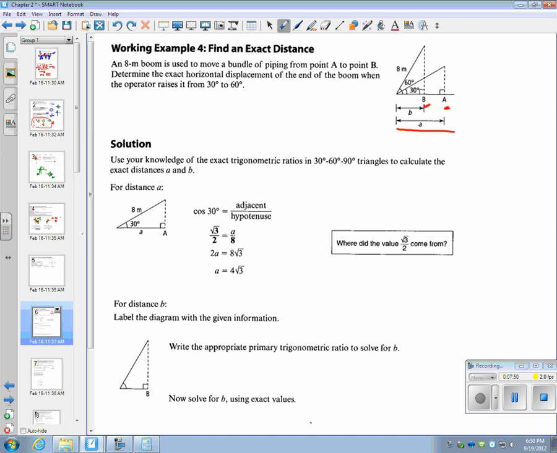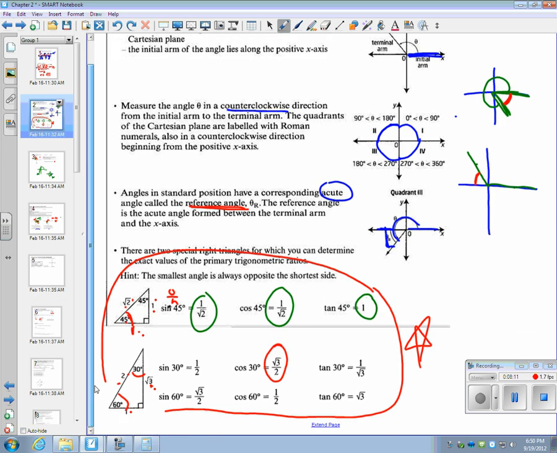Looking at just this triangle here, we know that the cos of 30 is equal to the adjacent over hypotenuse. Adjacent is a, what they're trying to find out. Hypotenuse is 8. And then they got this root 3 over 2. Where they got that from is they had memorized cos 30. You guys actually won't have to memorize because you can always bring something in.